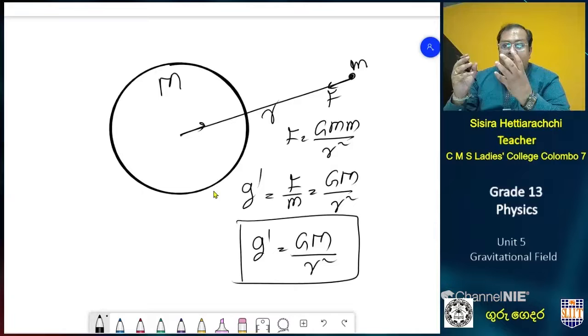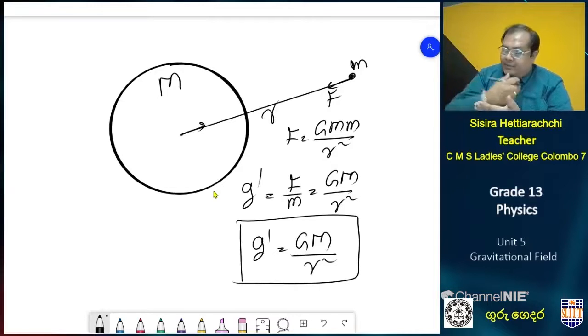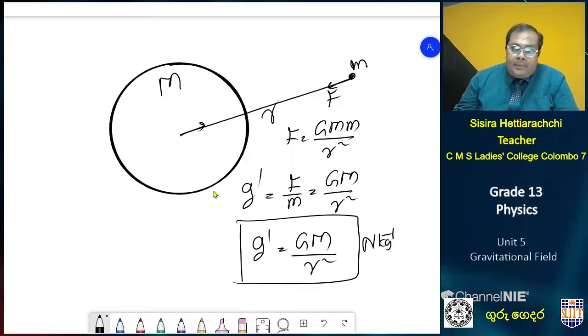Only the force acting on this object there, F we know, G capital M simple m over R squared, divided by simple m, that is force over mass, acceleration. Then corresponding gravitational acceleration, or if you want to find force acting on unit mass, you can use this equation. Its units you can see are newtons per kilogram, because it is force acting on a unit mass.